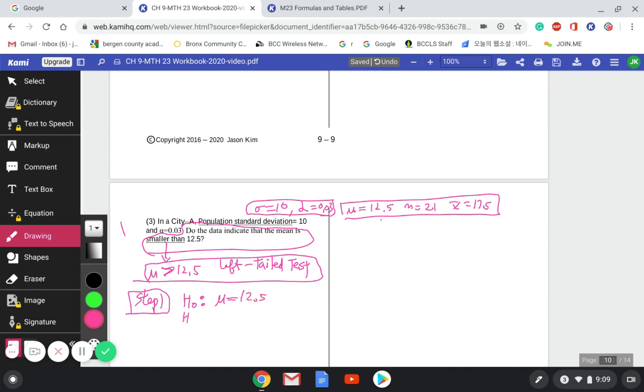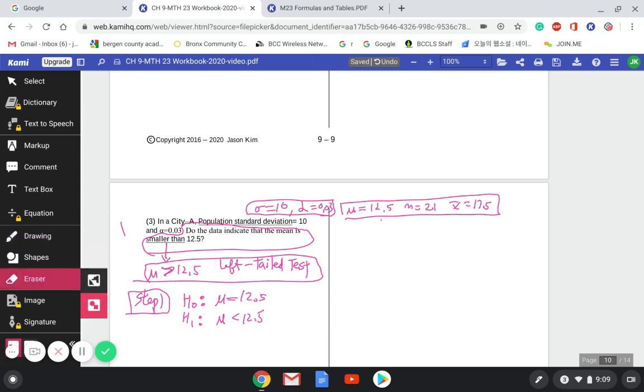Now you want to hypothesize that, hey, mu is supposed to be smaller than 12.5. So, oh, I made a mistake here. It's not bigger. It should be smaller. Okay, smaller than 12.5. I hope you guys caught this before me.